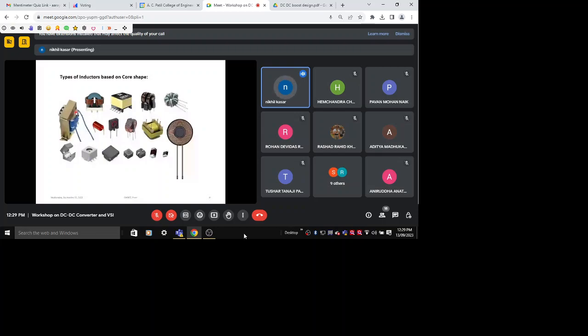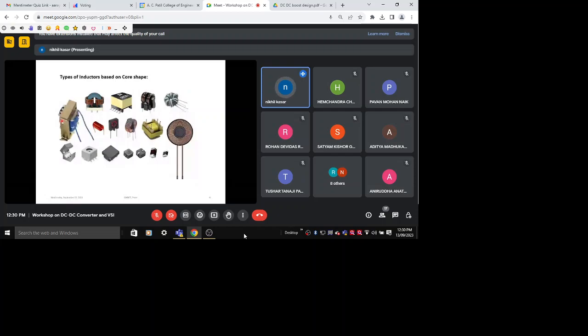Yes, everyone. Right, it works on the principle of mutual regular transformer volt, can say that we are using in used. These are the various applications.